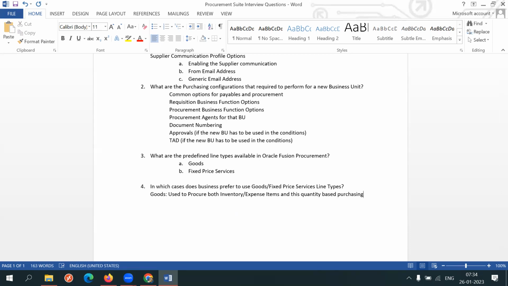Correct? You enter the quantity. Okay. And in case of fixed price services, this is, if I miss any word in the middle, please let me know, I'll correct. This is amount based purchasing. Correct? Yes.